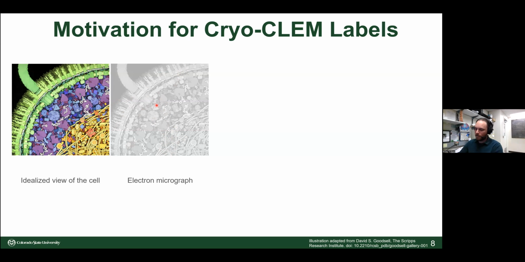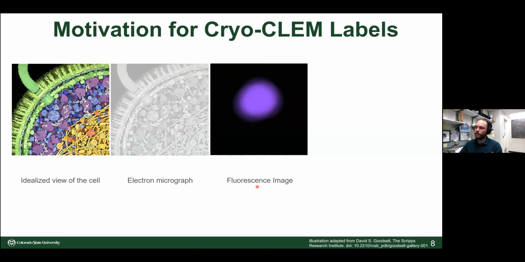But say you want to see something that you can't visualize directly. Maybe we use a fluorescence tag to give us the neighborhood. With a fluorescence image, we're given the identity, because we know clonable fluorescence tags are attached to your protein of interest. But in the fluorescence image, we lose a lot of the structural information.